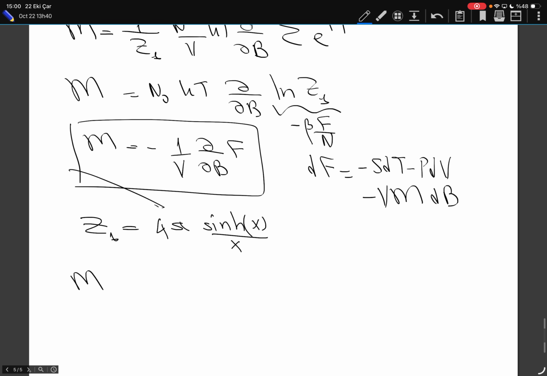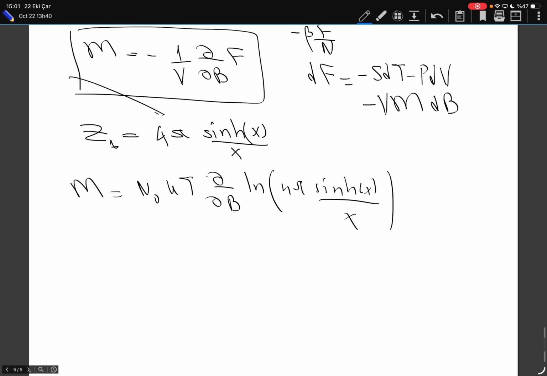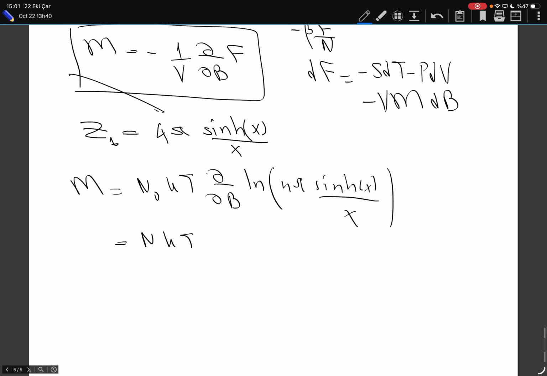So M being N0 kT, derivative with respect to B of logarithm of 4 pi sinh x over x, which will be N kT, this is beta mu, derivative with respect to x of logarithm of sinh x over x, or minus logarithm of x.